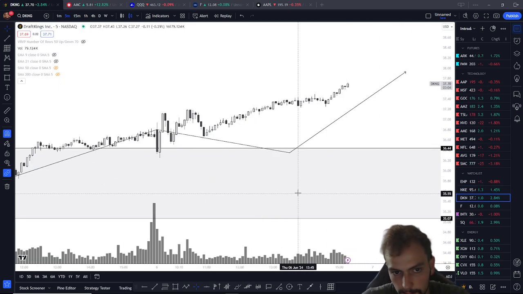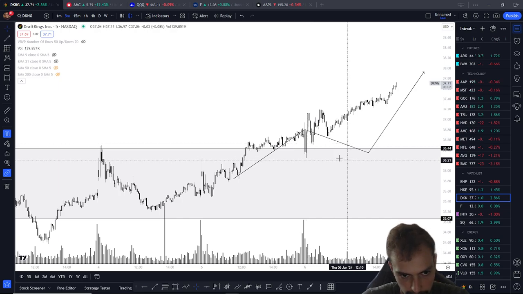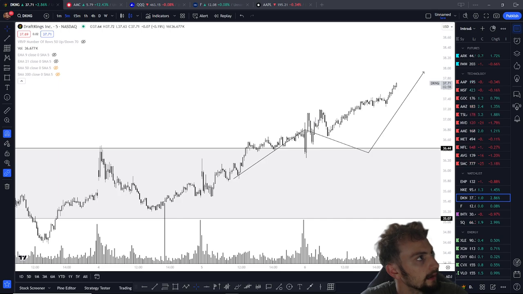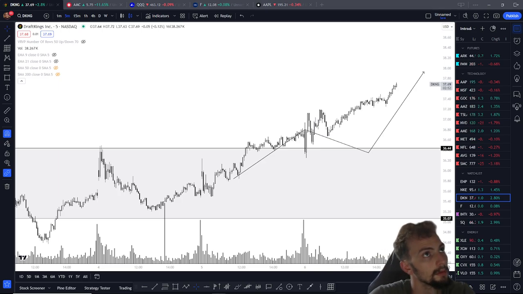DraftKings is still moving really nice. If you guys want to look at where I had the higher low fill, let's go see. Alrighty.